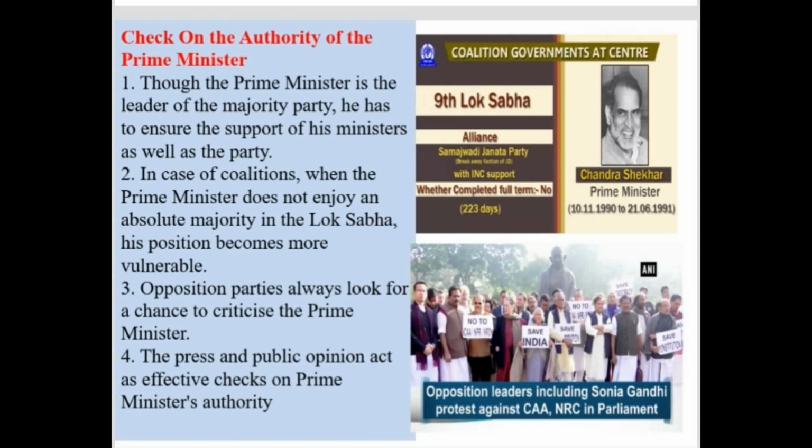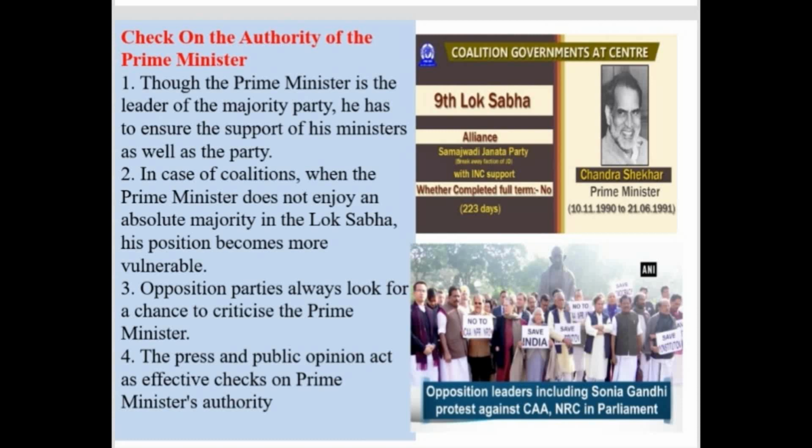In such coalition government situations, this prime minister has to be responsible to all the parties which have supported him, and every party might be having its own principles and ideologies, but they have come together and are involved in government formation.